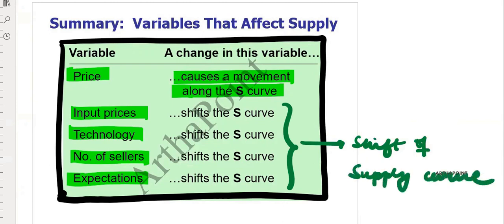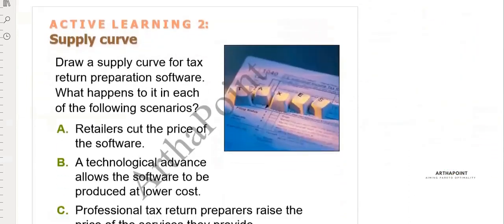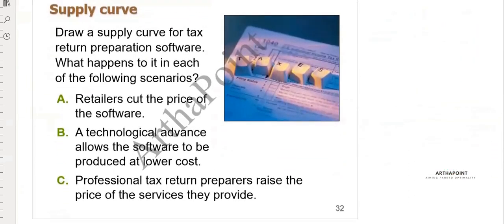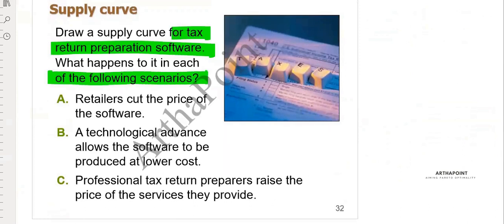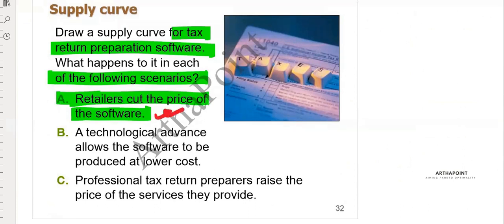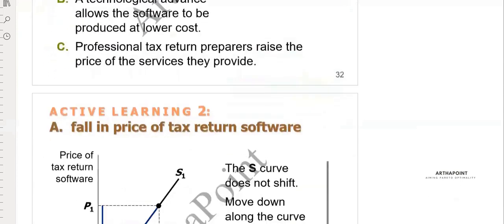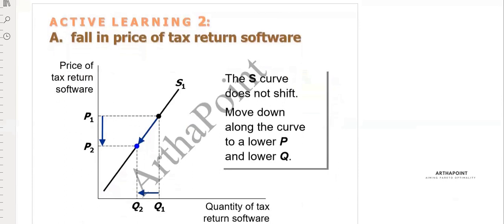Okay. All right. Let's take an example. Draw a supply curve for tax return preparation software. What happens in each of the following scenarios? Retailers cut the price of the software. What is going to happen? When retailers cut the price of the software, there is going to be a movement along the supply curve.